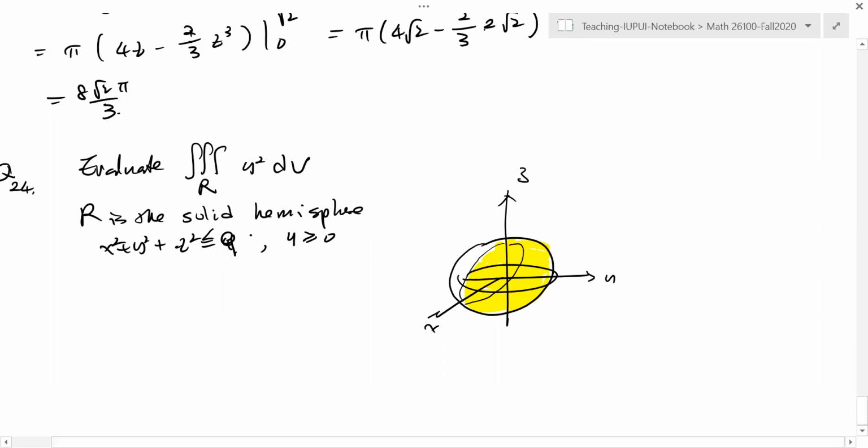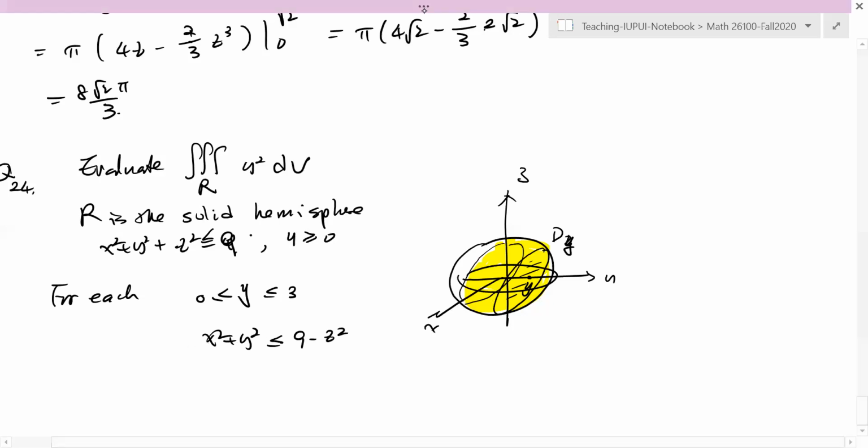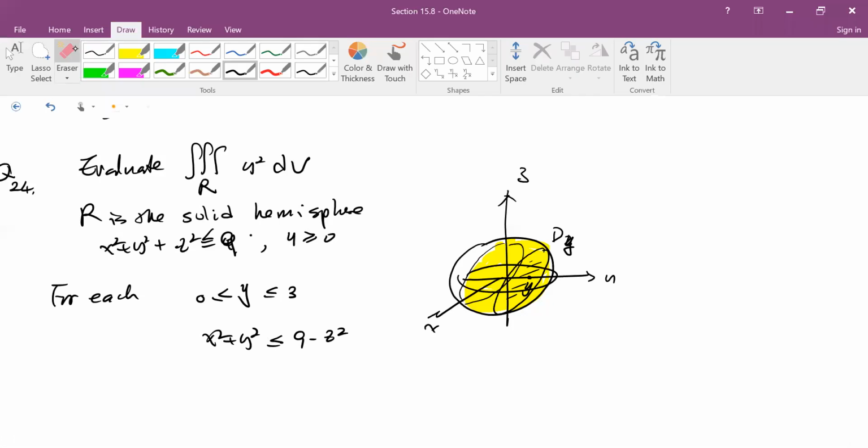If you want to do it without using spherical coordinates, then you fix y, you get a cross section, and that is called dy, right? I want to know what is dy. For that disk, for each y between 0 and 3, the x, z are determined by this equation. Xz. Okay, so xz.